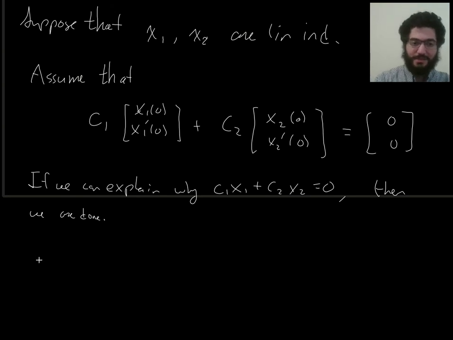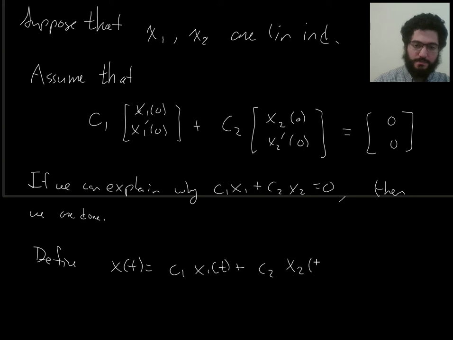It's really not clear. So let's define x of t to be whatever this function is. Then our goal is to prove that x of t is 0. Then the information we know about x of t takes the form of these two equations. C1 x1 of 0 plus C2 x2 of 0 is 0.